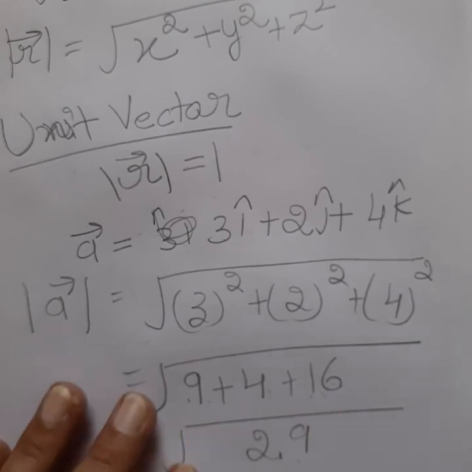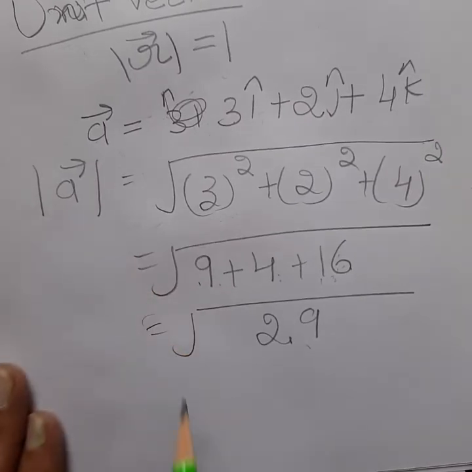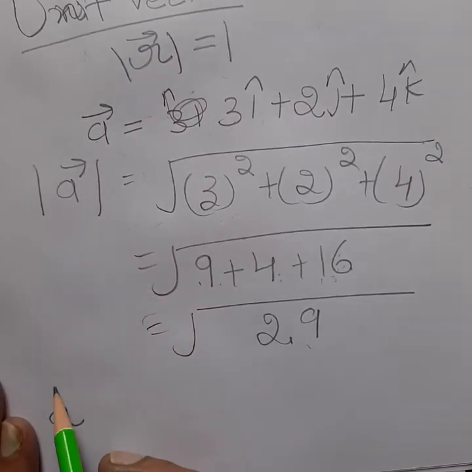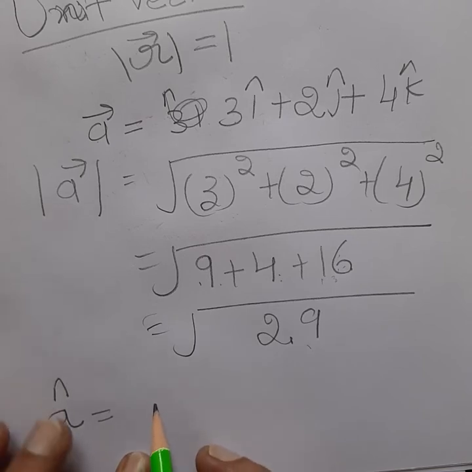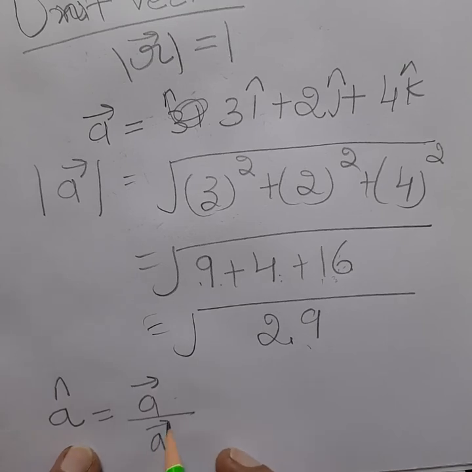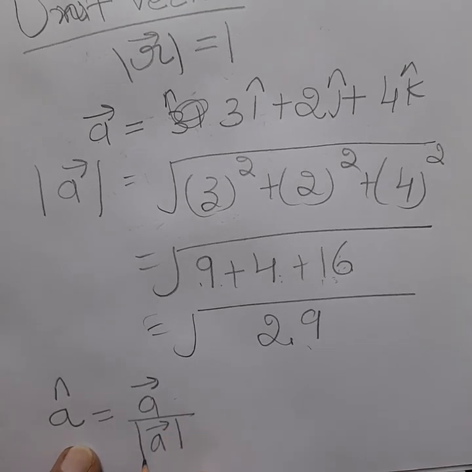Now to find the unit vector, we write a cap, and the formula for the unit vector is a vector upon the magnitude of the a vector.